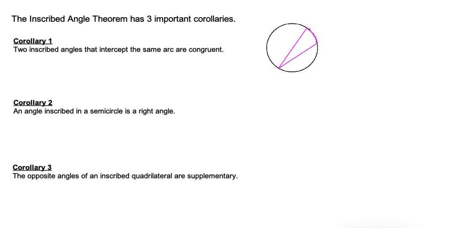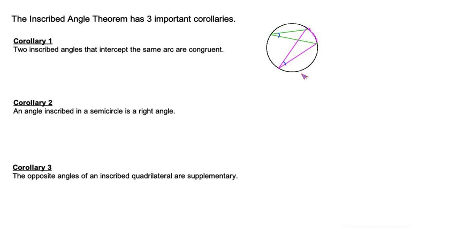So here I have an illustration of an inscribed angle, and I have highlighted its intercepted arc. So let's look at a different one. Let's have a different angle that intercepts the exact same arc. See, this green angle intercepts the same pink arc. So what this corollary tells us is that these two angles will have to be congruent to each other.